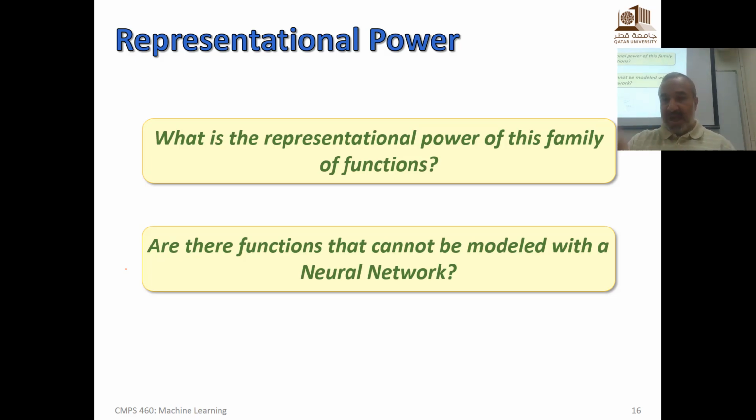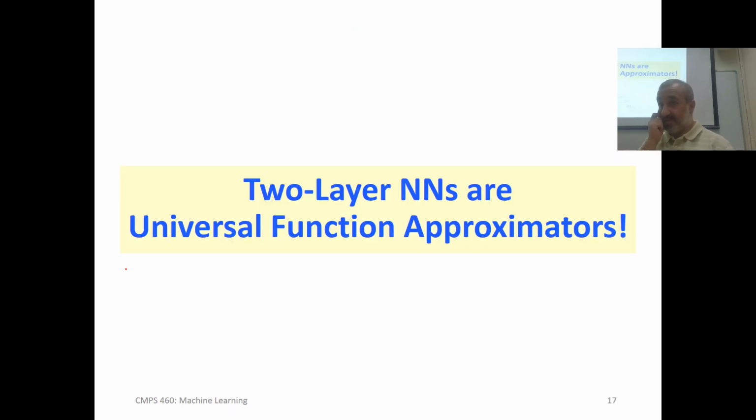So the answer to these two questions is this. It says that two-layer neural networks are universal function approximators. What does that mean? First, what do you mean by two-layer networks? How many hidden layers in a two-layer network? One hidden layer only.